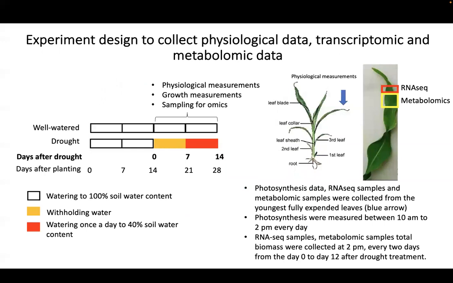And then here is our experiment design of how we perform the drought stress. We grow those small sorghum for 14 days, and then we stop watering them for 7 days. After 7 days, we start watering them once a day to 40% soil water content.